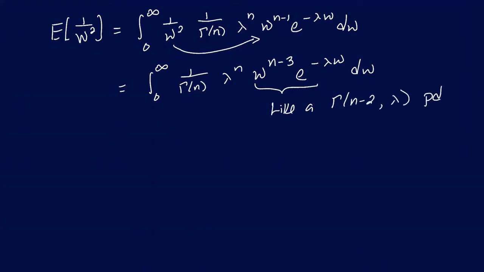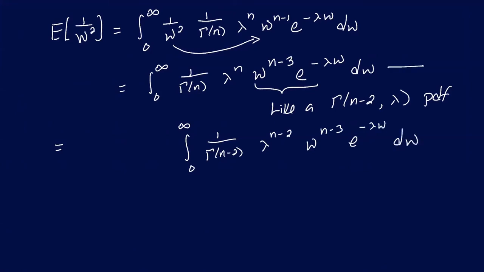It's not quite right. We don't have the right constants in front. So I'm going to play the same game of putting in and compensating for the constants so that we have an integral of a PDF that we know is 1. So I am going to need 1 over gamma of n minus 2, lambda to the n minus 2, W to the n minus 3, e to the minus lambda W, dW.